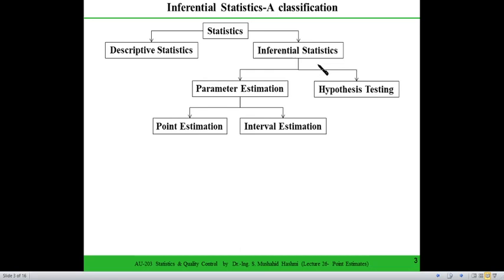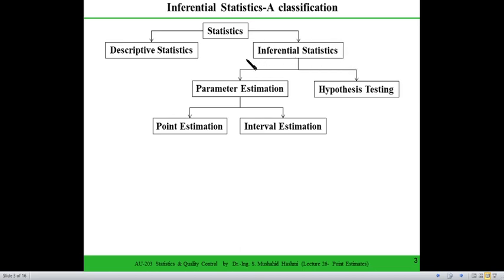Whereas in inferential statistics, you are dealing with parameters, and usually parameters means any quantity of interest which you are required to predict or test, or you need to make decisions about, from a population.